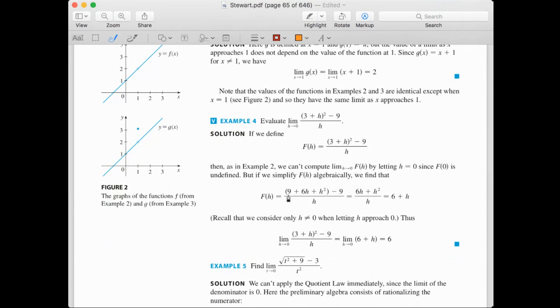So (3 plus h) squared is 9 plus 6h plus h squared. The 9 minus 9 becomes 0, so we are left with 6h plus h squared. Then divided by h, we can simplify with h, so we have 6 plus h. Now we have no problem plugging in 0. 6 plus 0 is 6. So that's how we find the limit of this one.